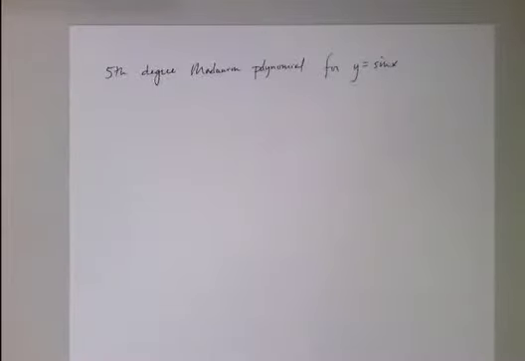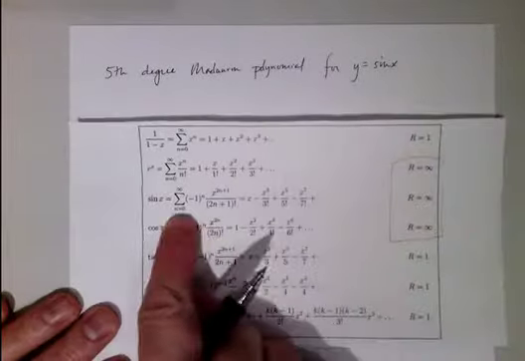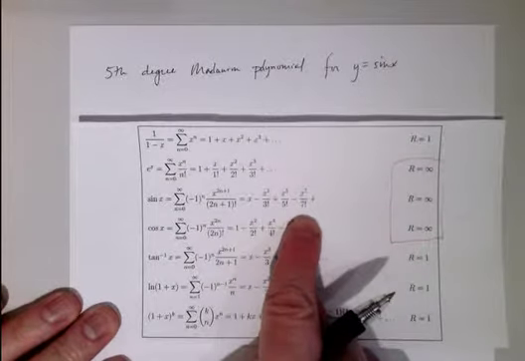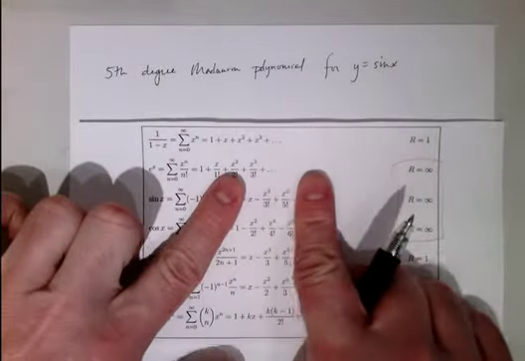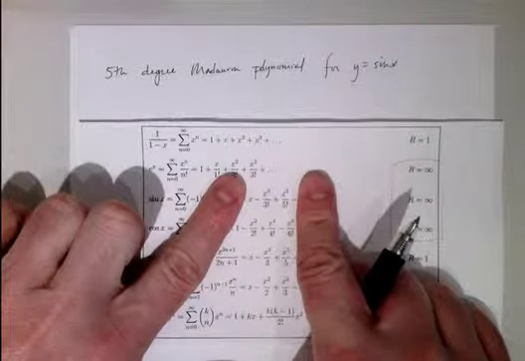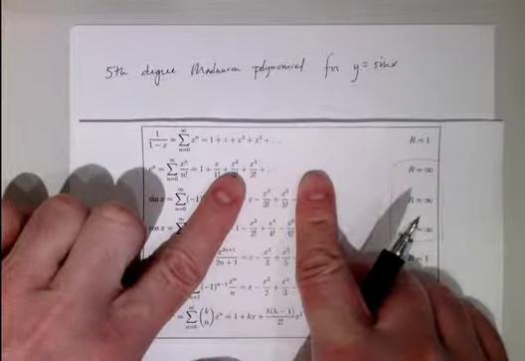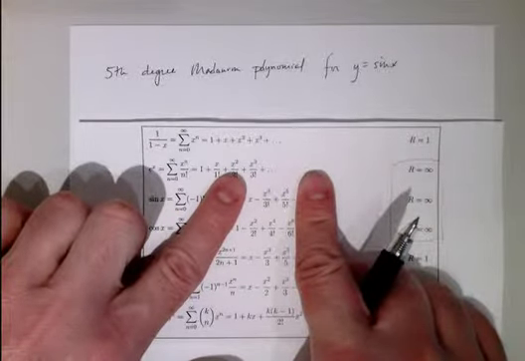So basically what we're looking for is a truncated version of this, which we already know. And then we're going to ask ourselves a question as to how well that actually approximates a particular value of sine.